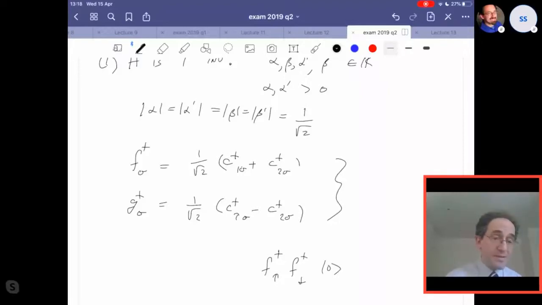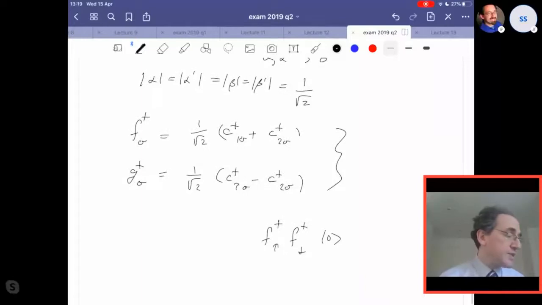So that will be the symmetric superposition of both. It depends on whether this t is positive or negative, whether you get a product of F's or a product of G's, at least for small values of U.